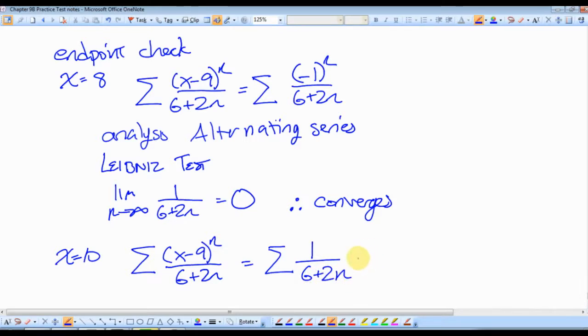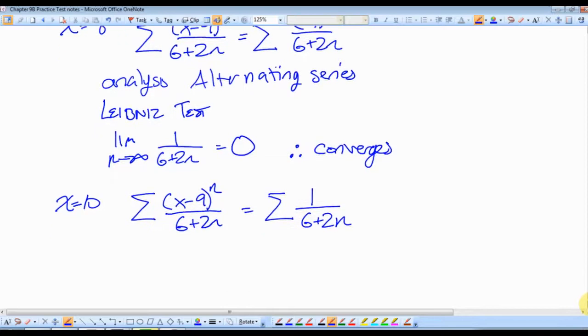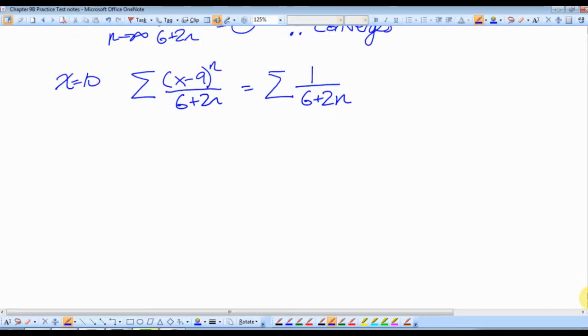Is it close to polynomial? Yeah, it's close to polynomial. Let's compare it to a p-series, 1 over n. Okay. So 1 over 6 plus 2n. If I get rid of all the constants, that becomes 1 over n, which diverges. The series 1 over n diverges.